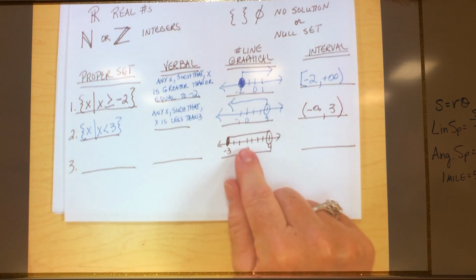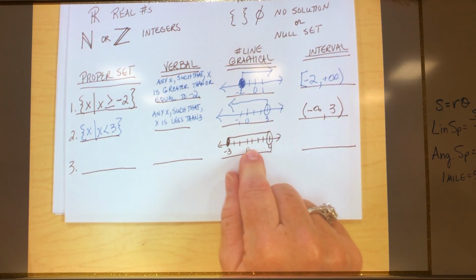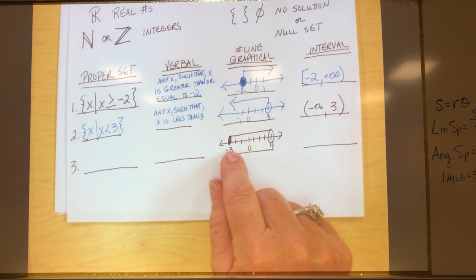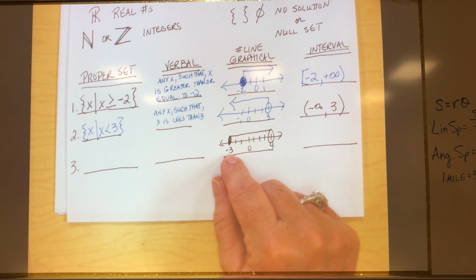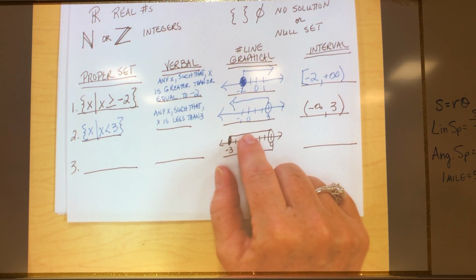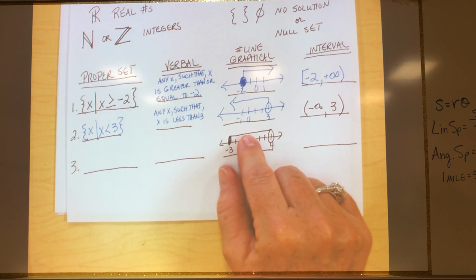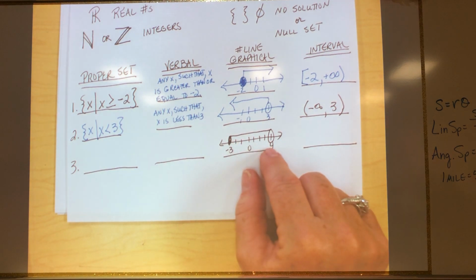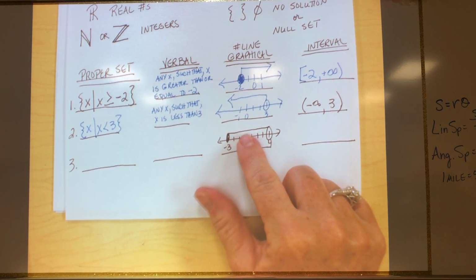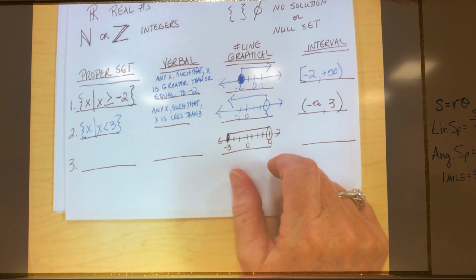Okay, now think about this. This one would be the x's that are greater than or equal to negative 3 and what? And less than 4. Okay?